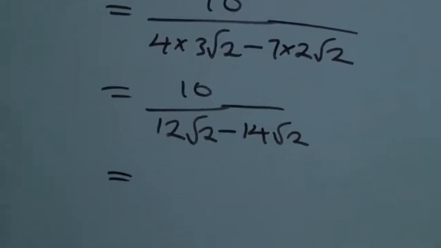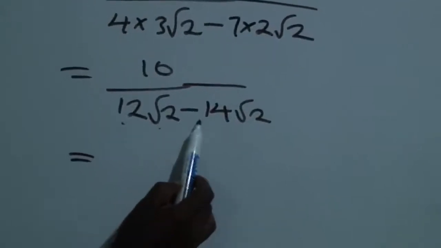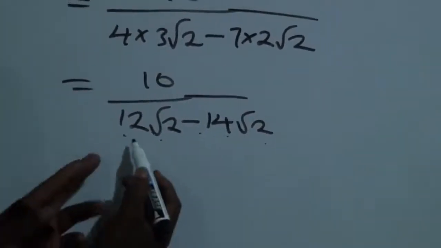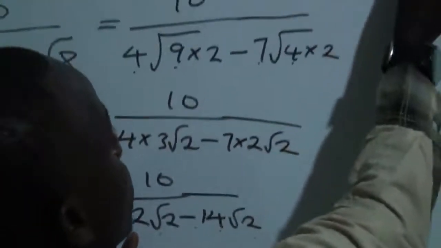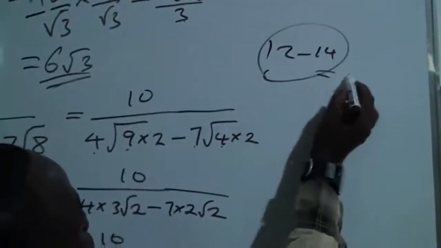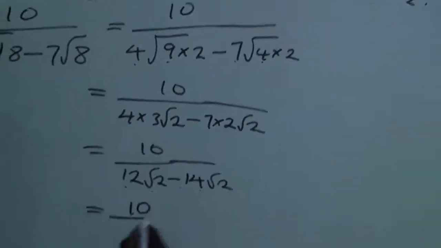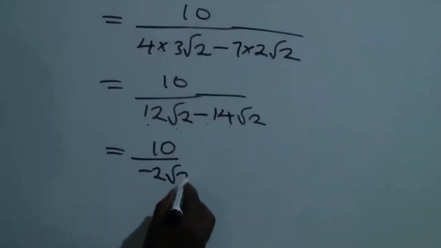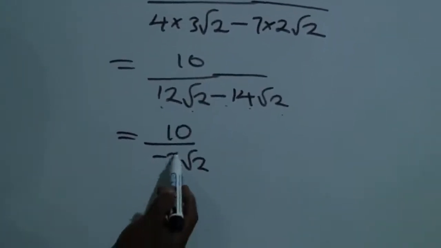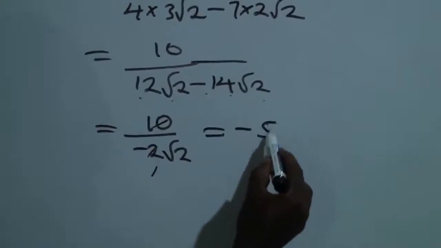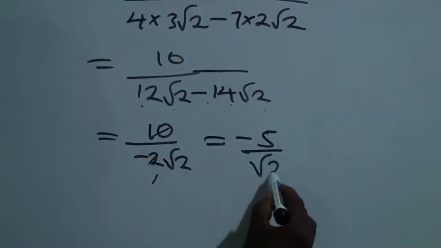Now, 12√2 and 14√2 are similar surds, so we can subtract. And you know, this is the same as saying 12 minus 14. And 12 minus 14 is what? Minus 2. So what we'll now have is 10 all over −2√2. And of course, 2 here is 1, 2 here is 5, so we're going to have −5 all over √2.